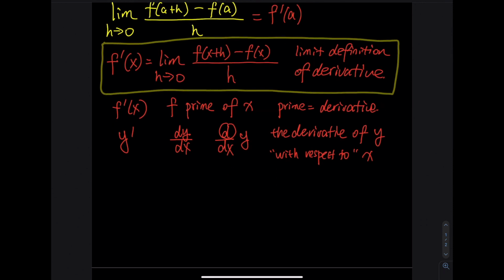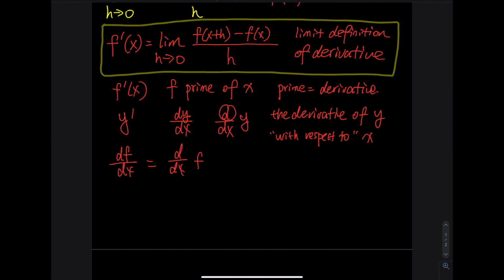You can write the derivative of the function with respect to x. That is the same thing as the derivative of function f with respect to x. You can also write the derivative big D of f of x. That is the same thing as the derivative. We treat x as an independent variable of the function f.